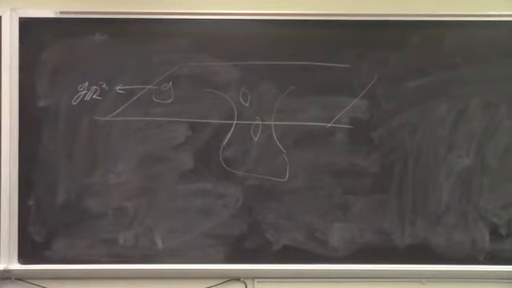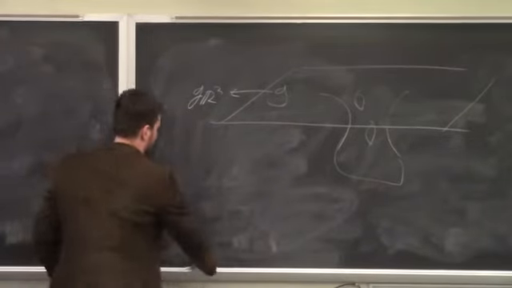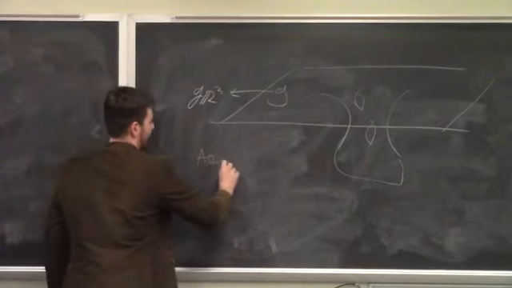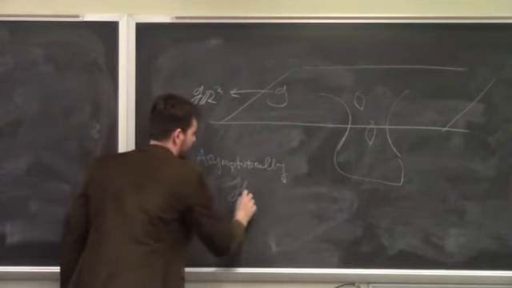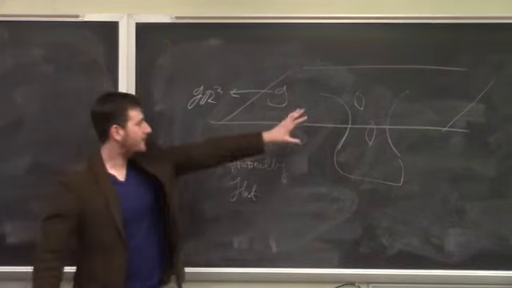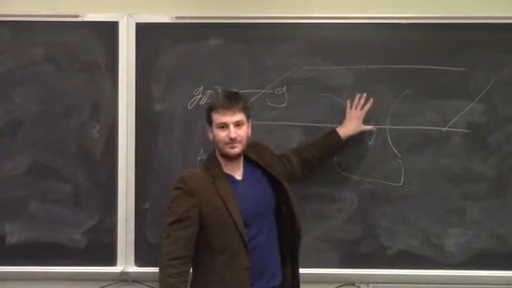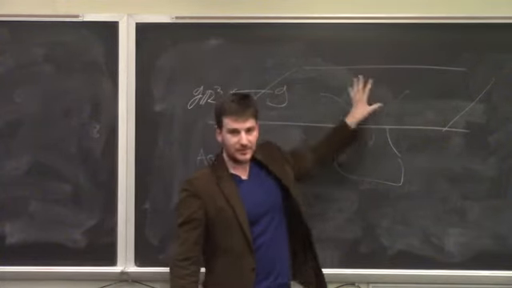For today, the main result will only be about 3-manifolds, specifically asymptotically flat 3-manifolds. What this means is that I take a 3-manifold and allow whatever happens in some compact region, no restrictions.